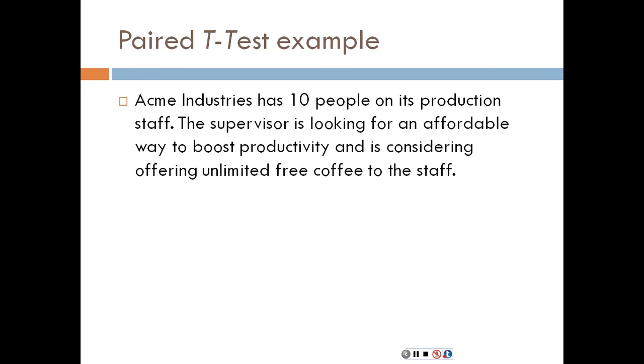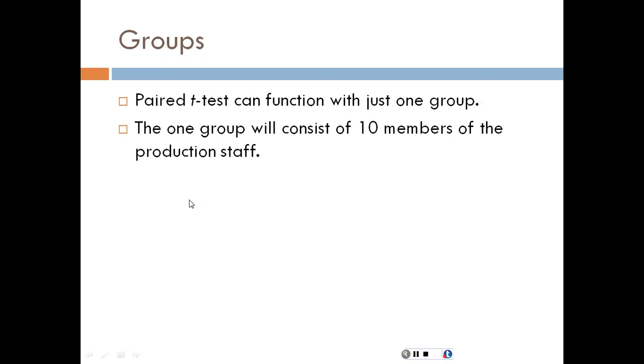I'm not a coffee drinker, so I'm not sure if I would or not. But let's look at the groups here for our paired t-test. Remember, a paired t-test would only function as one group. So one group will consist of 10 members of the production staff.